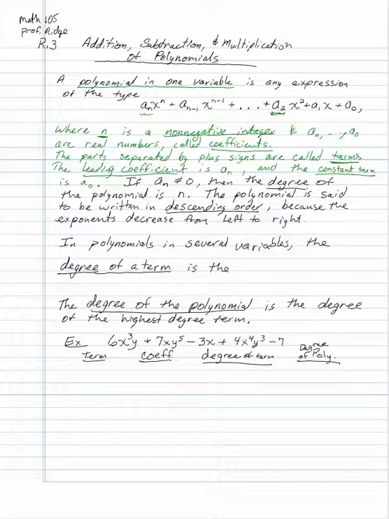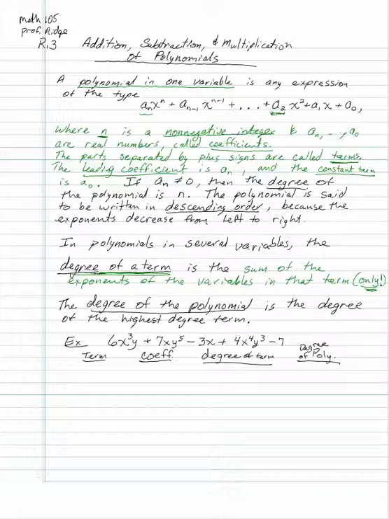Now we need to be careful when we have polynomials in several variables. This was for one variable, and the degree is a little bit different. In polynomials in several variables, the degree of a term is the sum of the exponents of the variables of that term only. We're just talking about a single term.